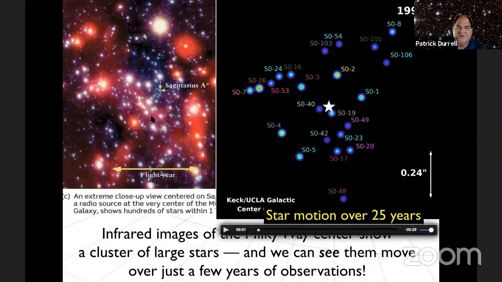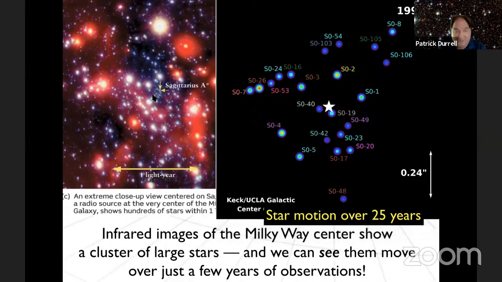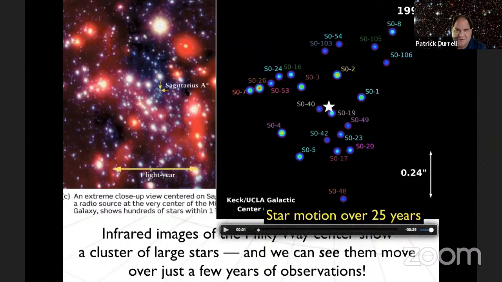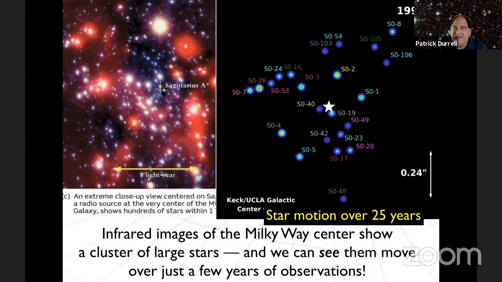The picture on the left here is an infrared picture of the middle. Sagittarius A star is located here, but it's not an actual infrared source. But there's a bunch of bright stars around it. They call them the S stars, or the SO stars. These are high mass stars that move around in the middle of the galaxy, around something we can't see.